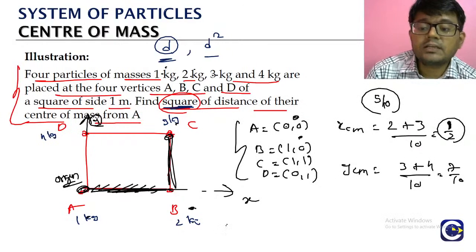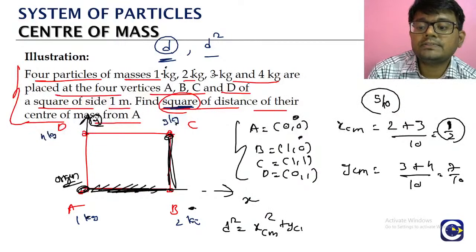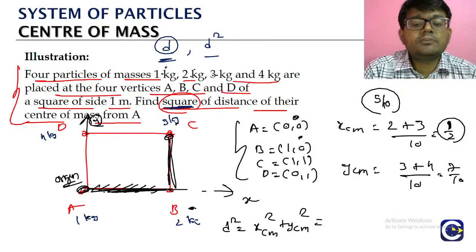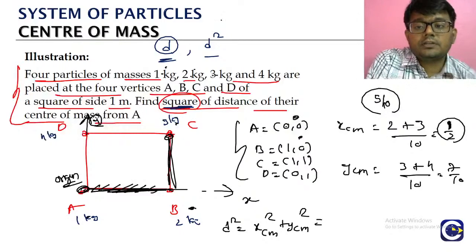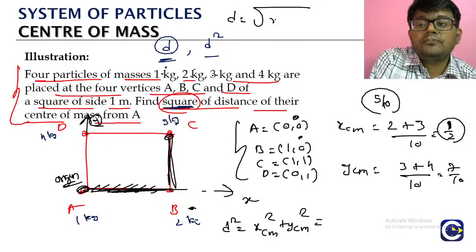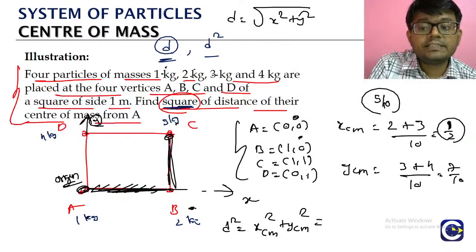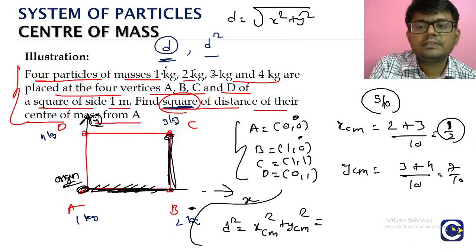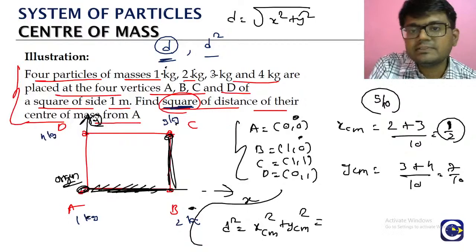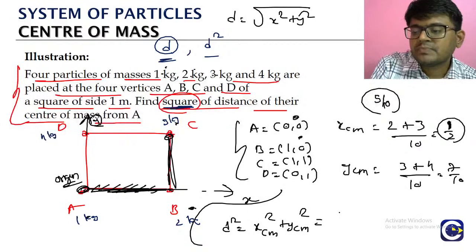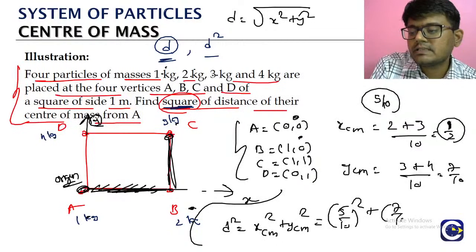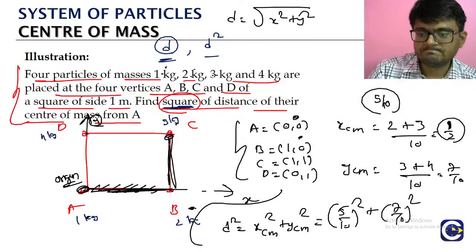They're asking us the square of the distance. Distance from origin means D is the root of x square plus y square for any particle. Square of the distance means it will be x center of mass square plus y center of mass square. What is it? 5 by 10 the square plus 7 by 10 the square. That is it.